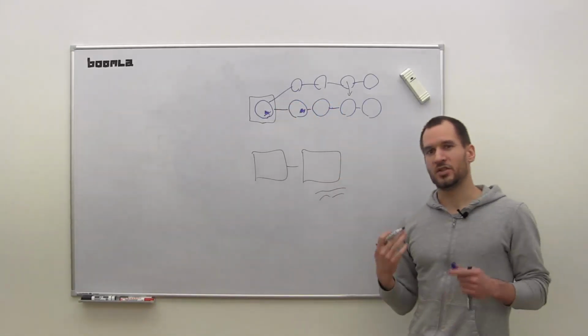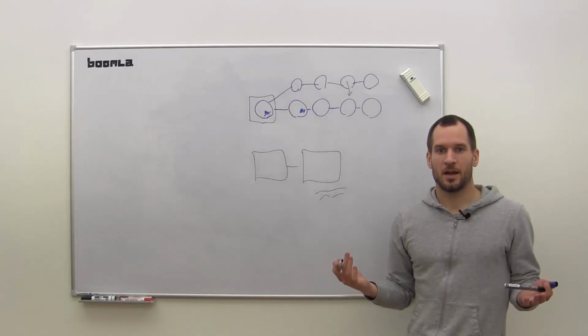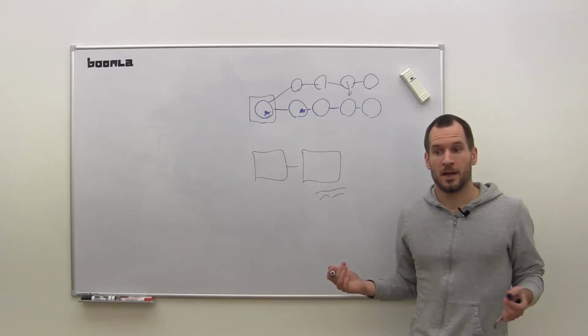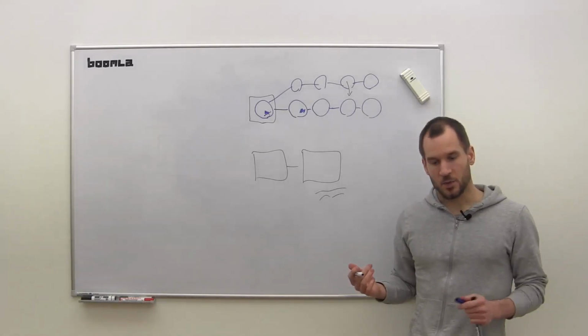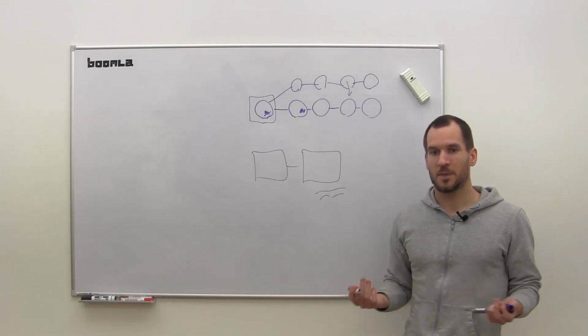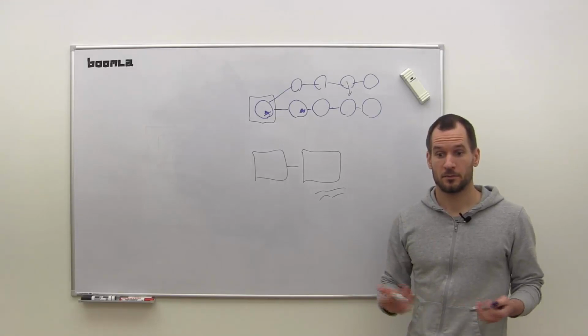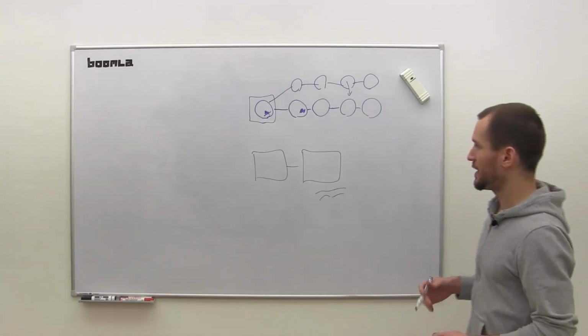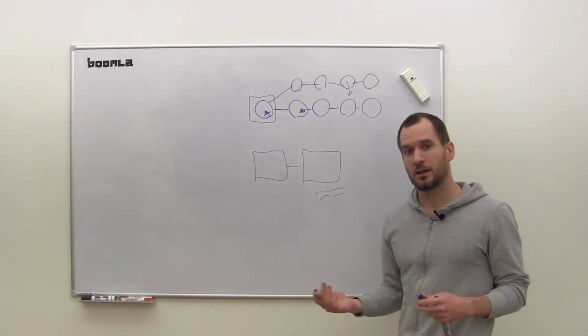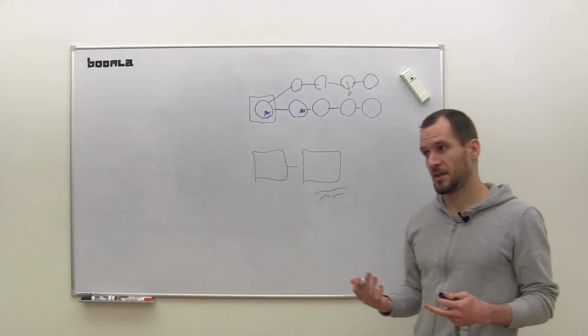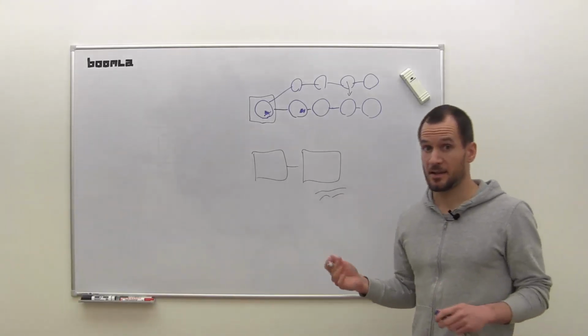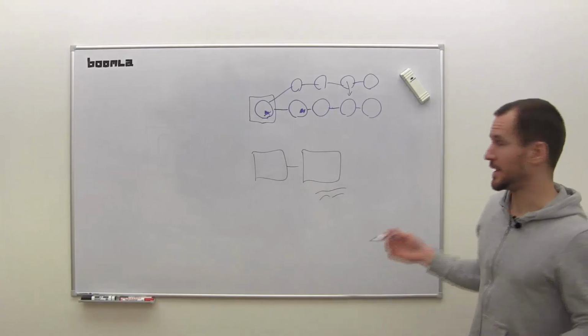But in Boomla, because websites are effectively big documents, and it's quite common on websites to have videos or whatever other big documents, Boomla needs to support removing things from that storage space that it requires.